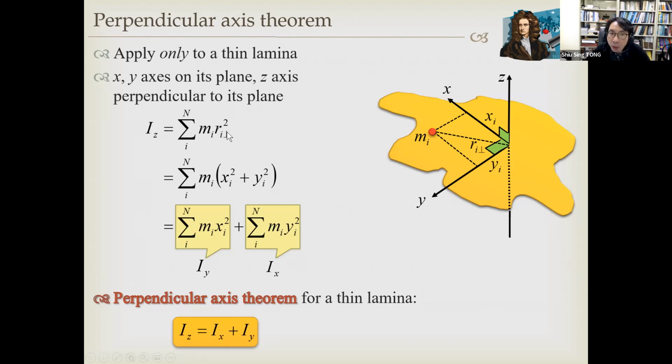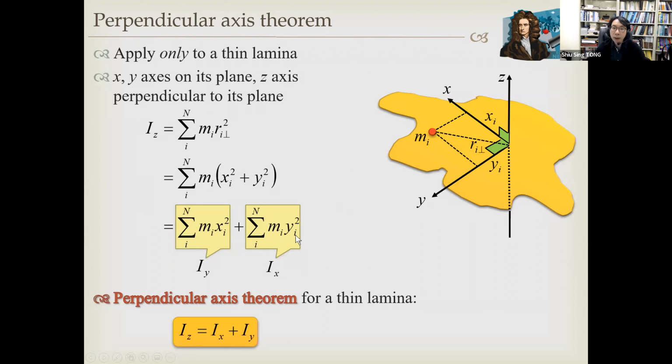But you can always express Ri squared in terms of the x coordinate and the y coordinate of this point mass, right? The x coordinate is xi, the y coordinate is yi. By Pythagoras theorem, considering this right angle triangle, Ri squared is xi squared plus yi squared, right? So I can separate the summation into two terms. The first term is summation mi xi squared, and the second term is summation mi yi squared.